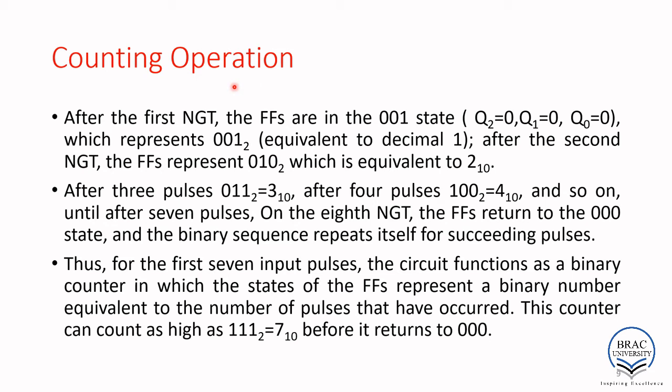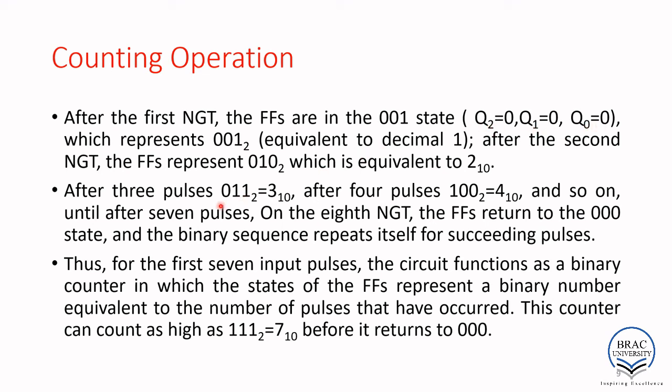If we have 3 bits, that means 3 flip-flops, 2 to the power 3 is 8, so it will count 000 to 111. After the first clock edge, which could be positive or negative, here it is a negative edge clock, it will be 001, with Q2, Q1, Q0 as least significant and most significant.